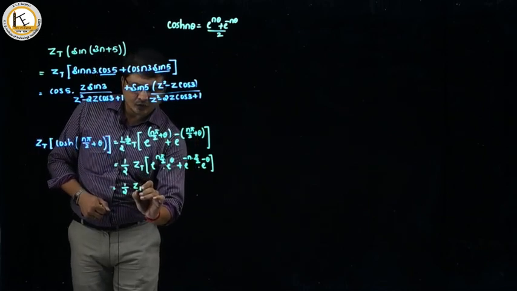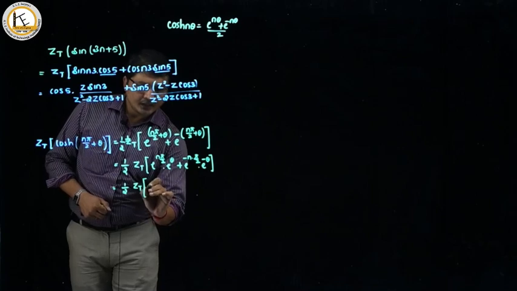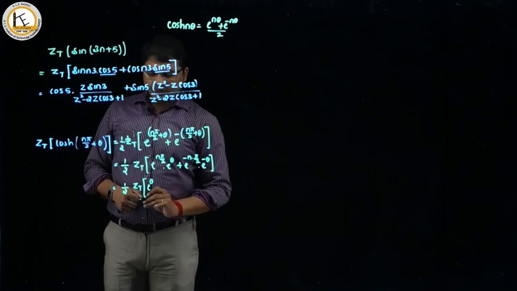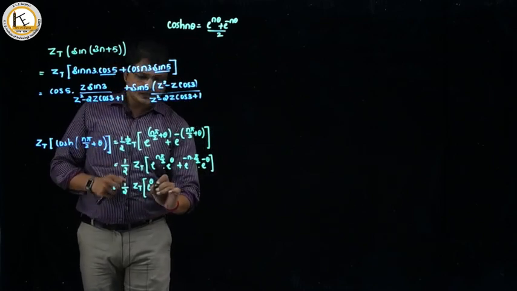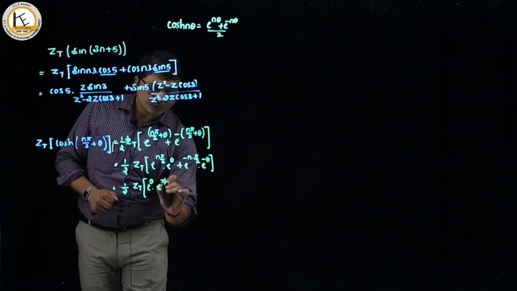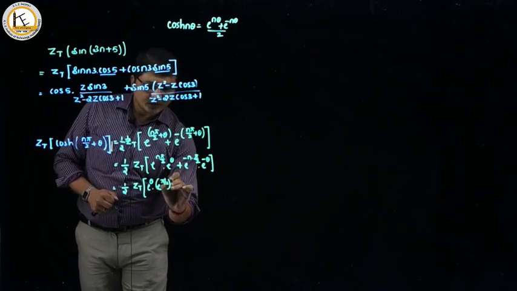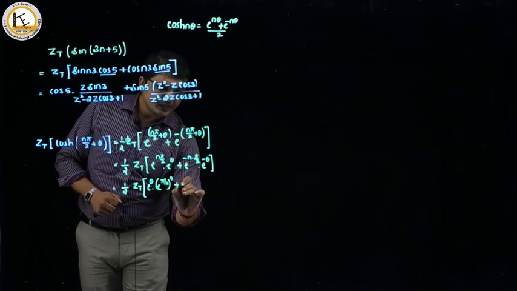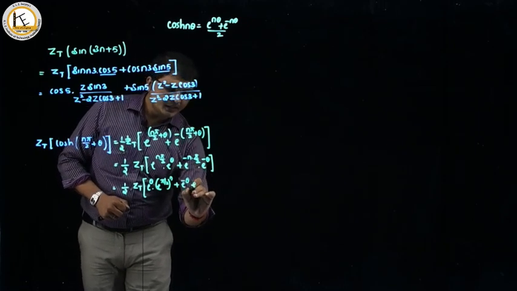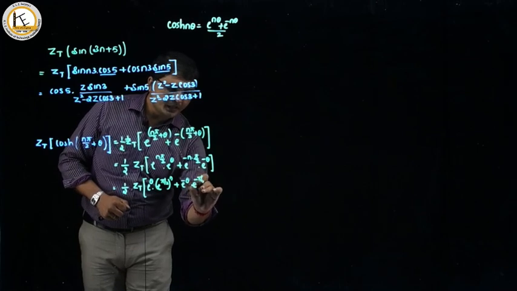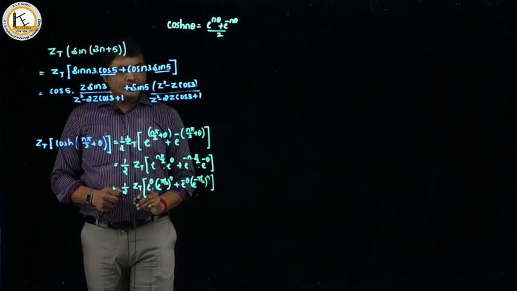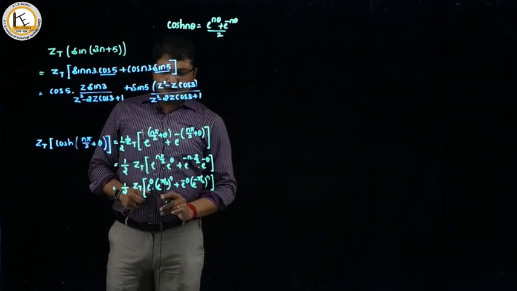Z transform of e raised to theta will be considered as a constant because we take n as a variable, so theta will be constant, into e raised to pi by 2 raised to n, plus e raised to minus theta is a constant, and again this can be written as e raised to minus pi by 2 raised to n, just using the laws of indices.